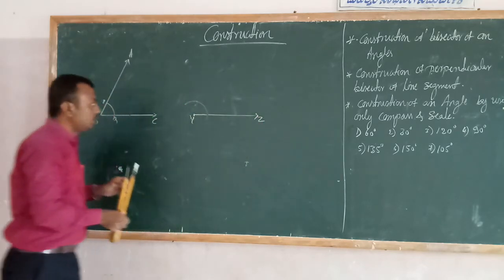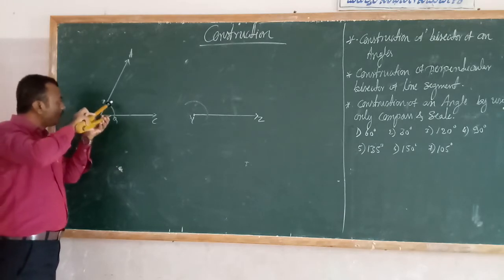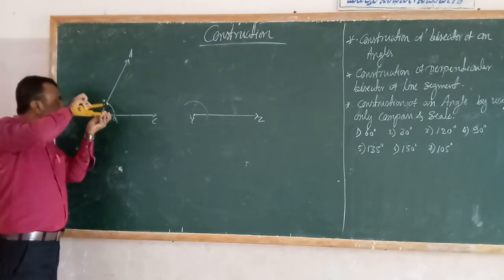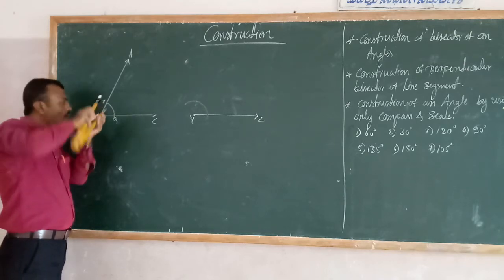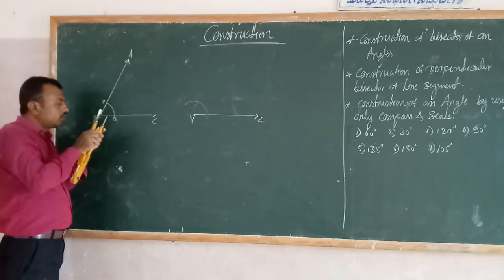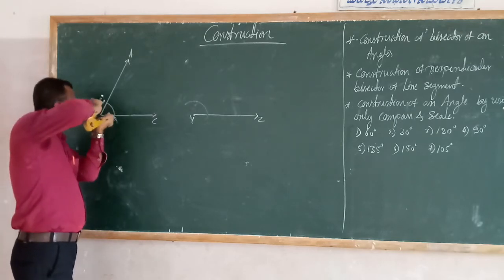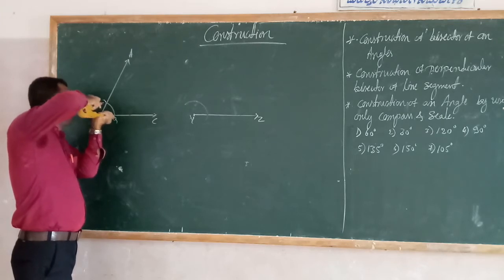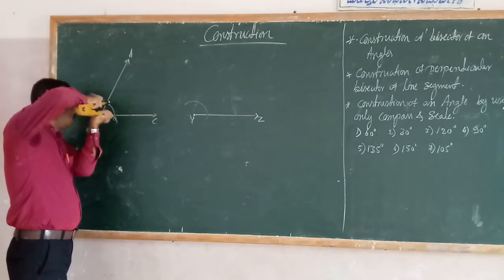Next, keep on the Q and take the length of the arc. Do you know the length of the arc? See, this is the length of the arc. Like this you have to take it.